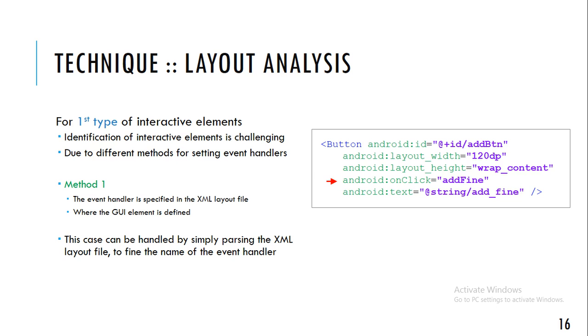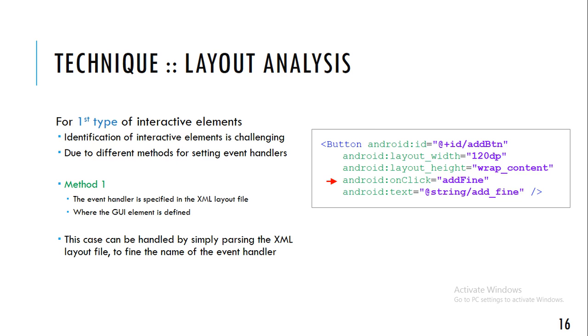So considering the first type of interactive elements, I mean the widgets that have an associated event handler, it's important to note that identifying these elements is challenging, since there are different ways for the developer to set the event handler of a widget. Currently we have considered and supported 3 different methods.